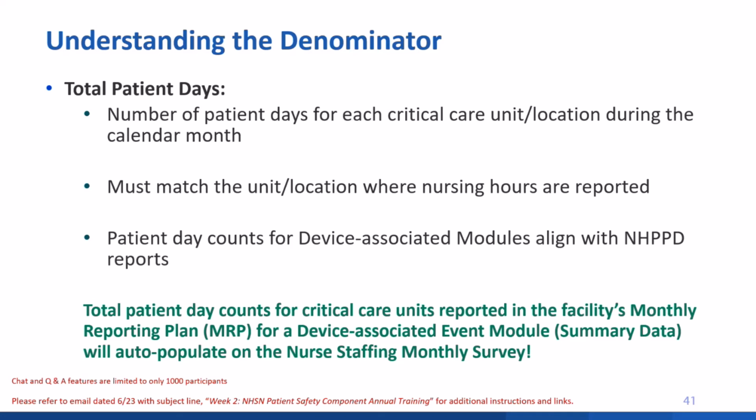And the denominator is our total patient day count. So that midnight census, summing it up per month, and then it's a monthly count. And again, this is unit specific when you enter it, and you can run it unit specific as you run your reports.